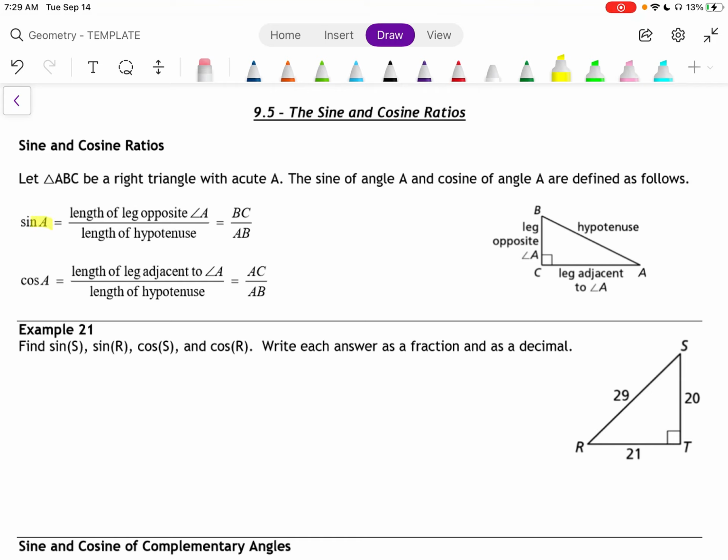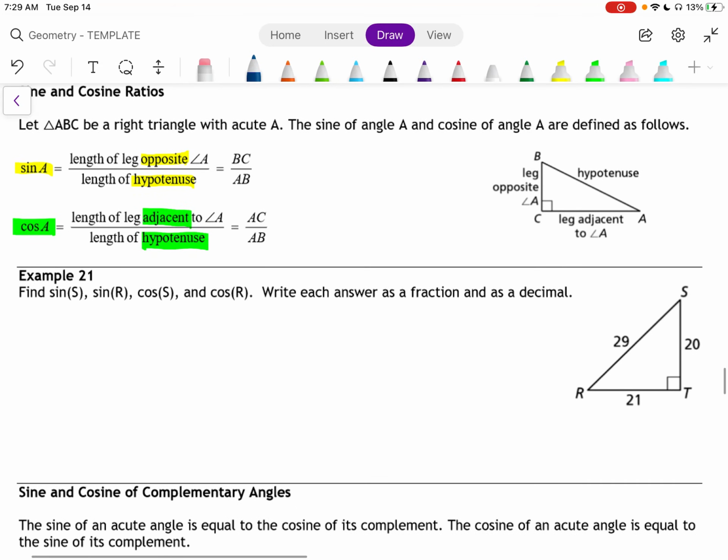We have right here, sine of A is the opposite over hypotenuse, right? And we deal with that the same way we did the tangent ratio. And then we have cosine of A would be adjacent over hypotenuse. So let's look at example 21.